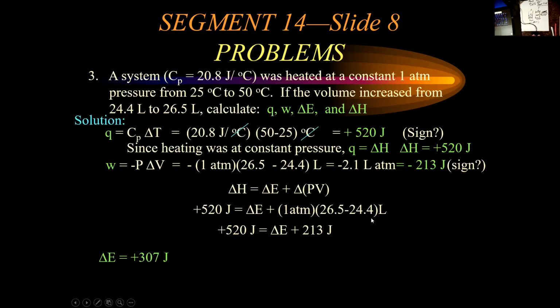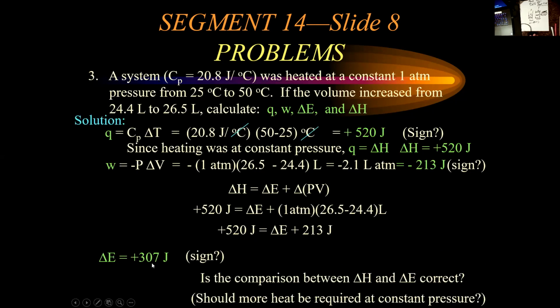So I put the signs in and check everything. Is this correct? Well, now, it is correct, but how do I know? Almost always, in fact, I cannot think of a single incident in which this isn't true, the sign of delta E and delta H are almost always the same.